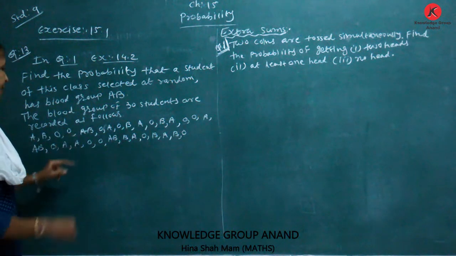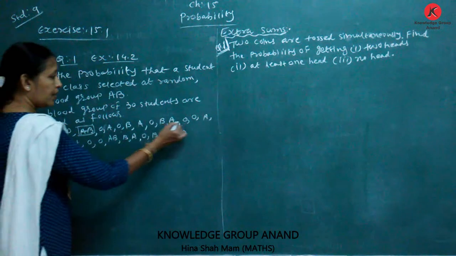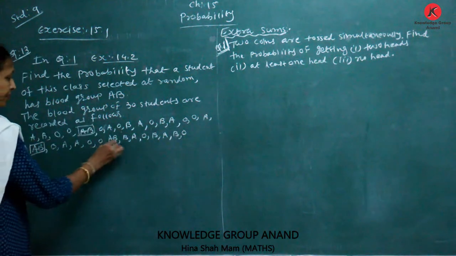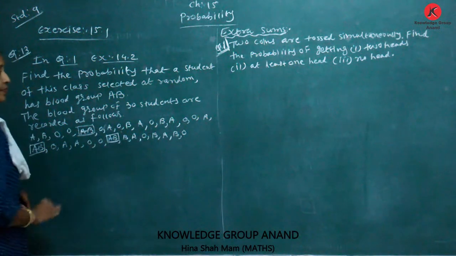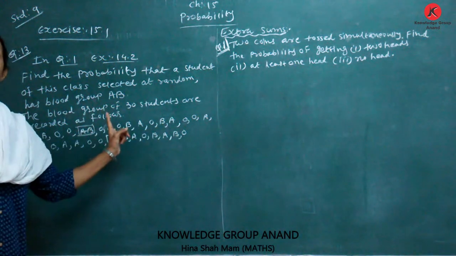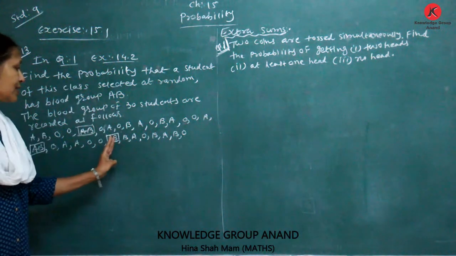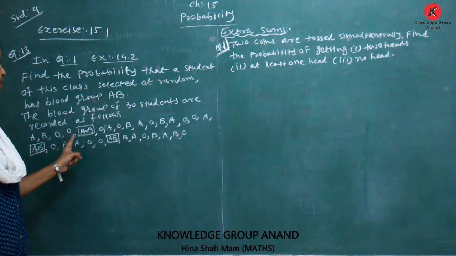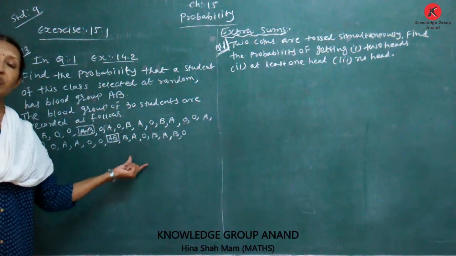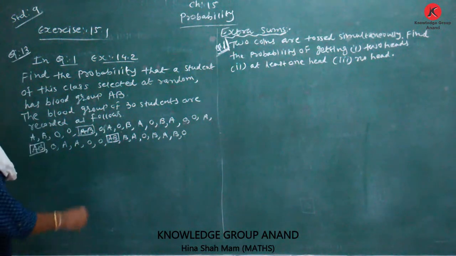Total number of students is equal to 30. 3 students have blood group AB. Then the required probability is equal to 3 by 30, which is equal to 1 by 10.